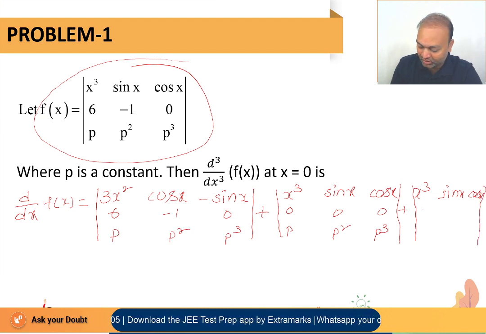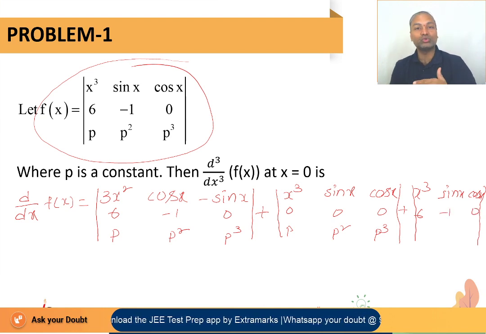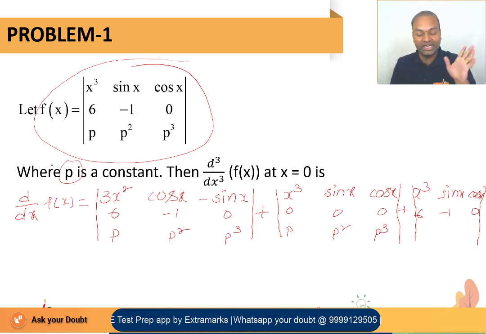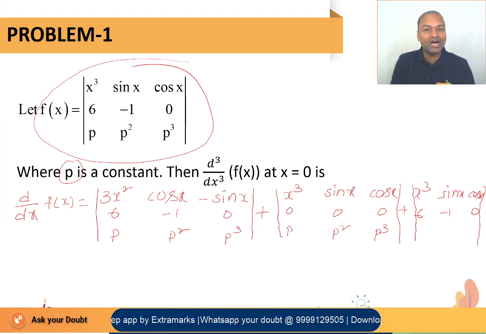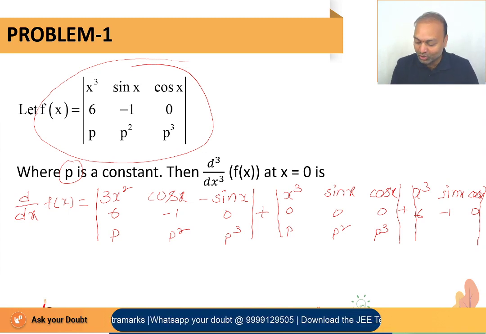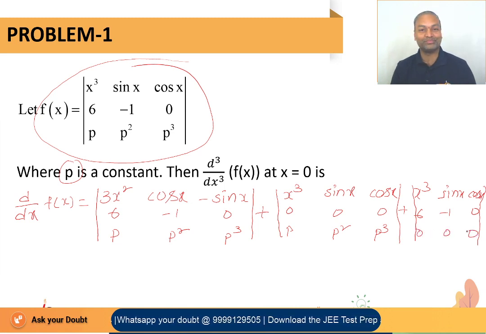Second row 6, minus 1, 0. Coming to the third row, observe the given condition: p is what? Constant. So p is constant means p square is also constant, p cube also constant, right? Now the constant derivative is what? 0. So here I am writing 0, 0, 0, right?